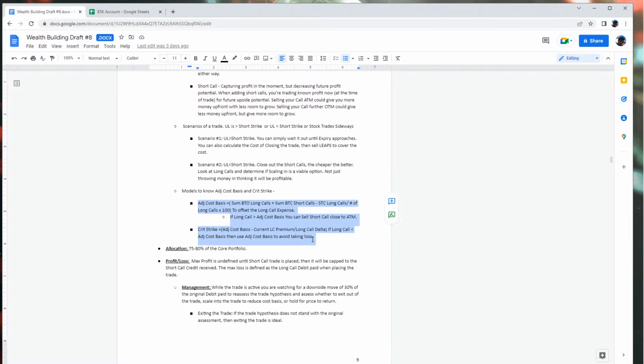So what the adjusted cost basis is: it's the sum of your buy to open, so the sum of the debited long positions, which could be long calls or long puts, and here I have long calls. So it's the sum of your buy to open long position plus the sum of your buy to close short position.